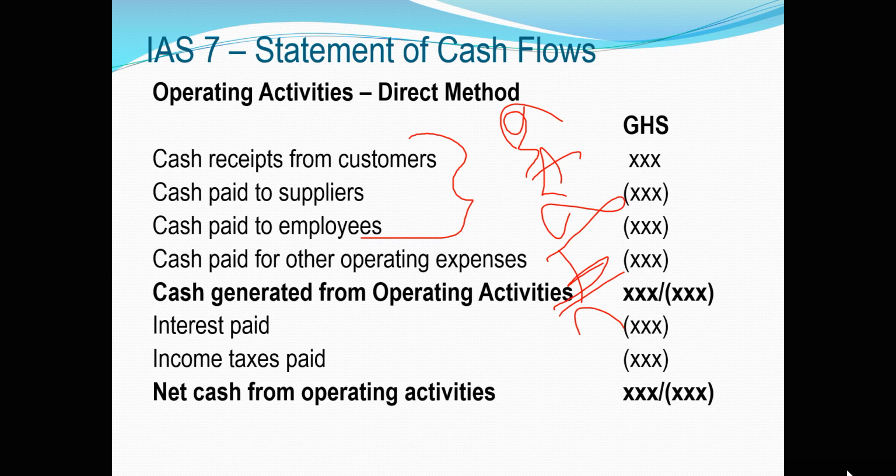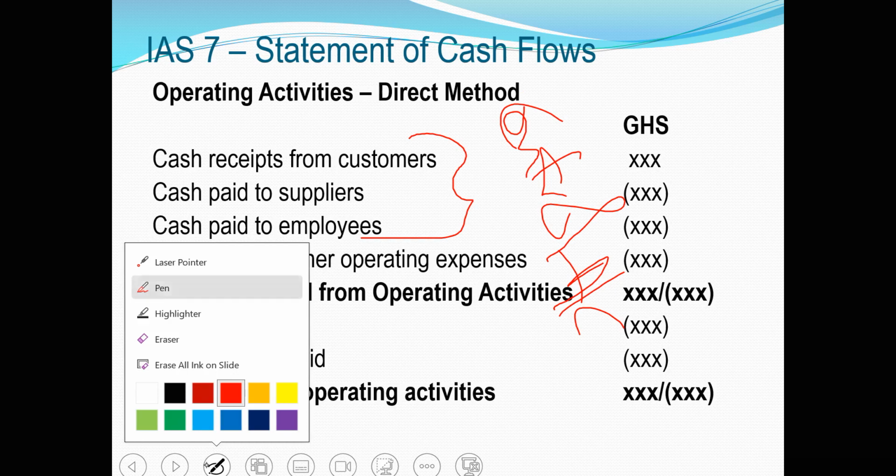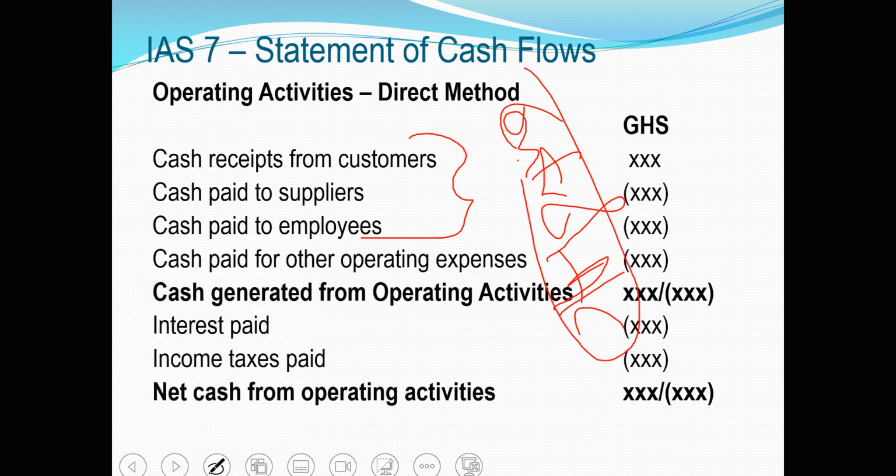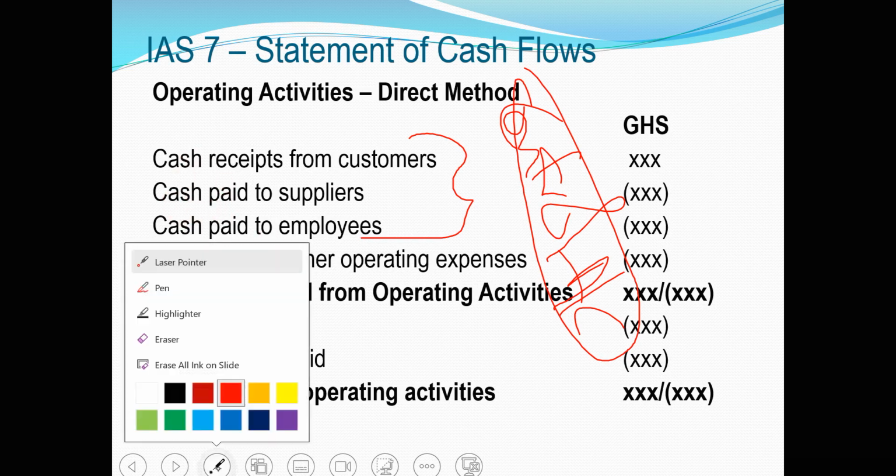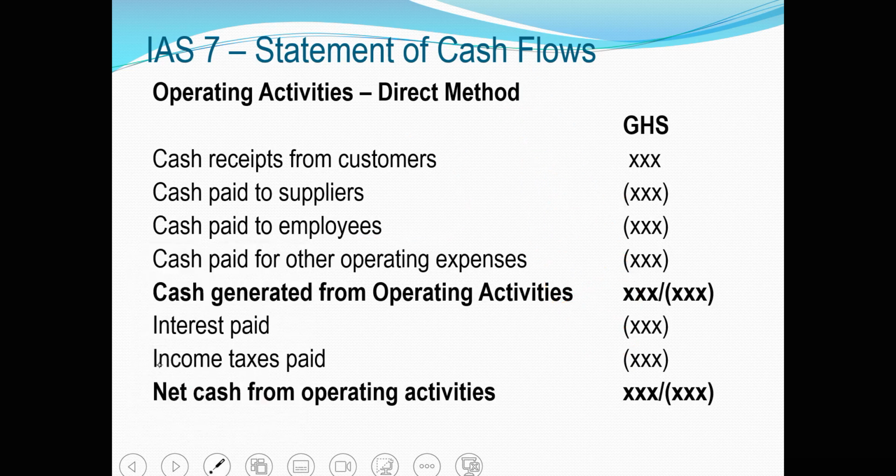From the control accounts, you are able to get these figures. But like I said, a lot of entities don't really like the direct method. So we often make do with the indirect.